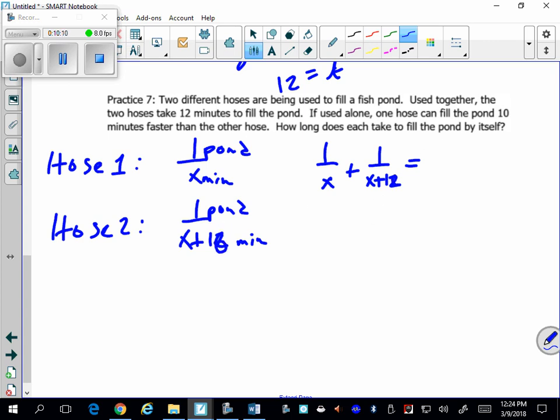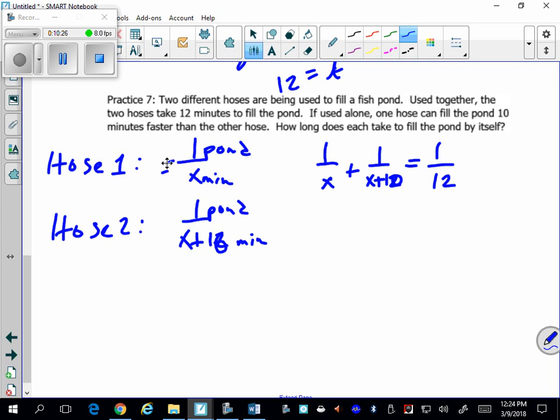Together, adding these, it takes 12 minutes to fill 1 pond. So this is our equation here. These are the rates, by the way, the rates at which they fill up.